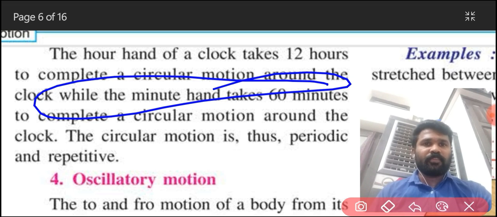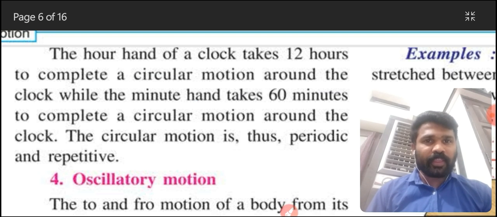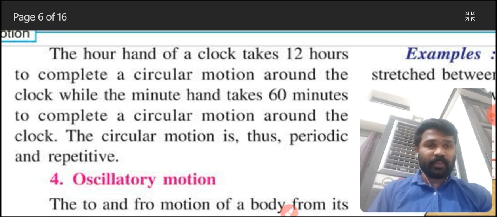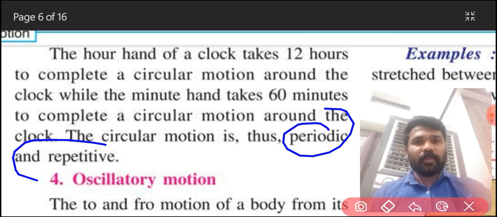The circular motion is thus periodic and repetitive. So we can say that circular motion is a periodic and repetitive motion.